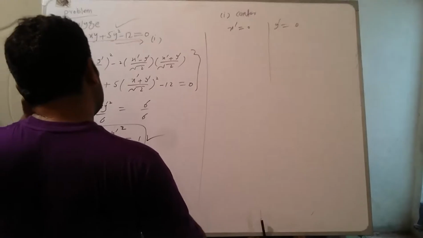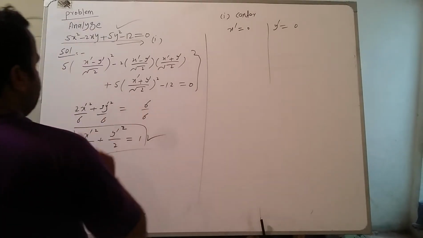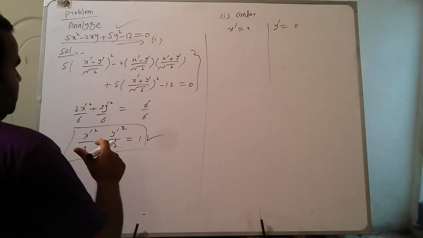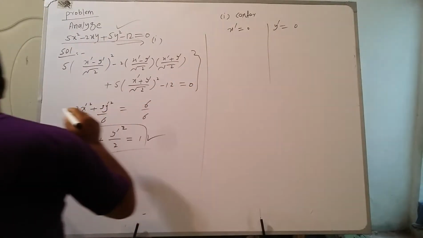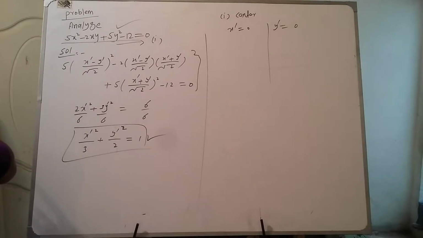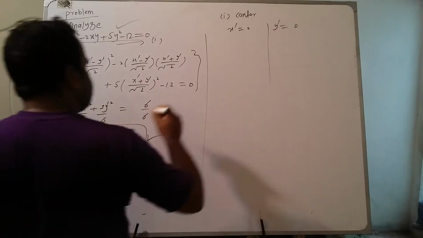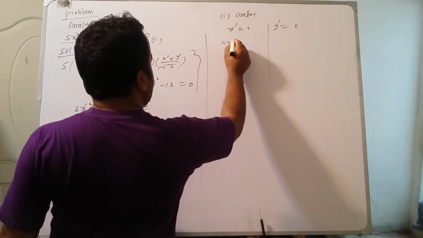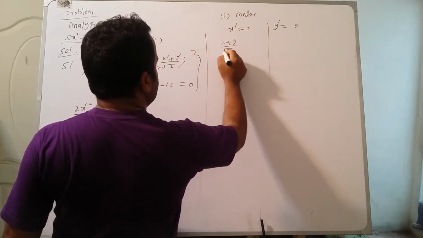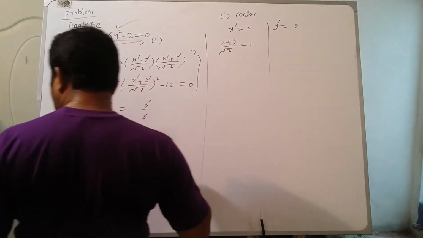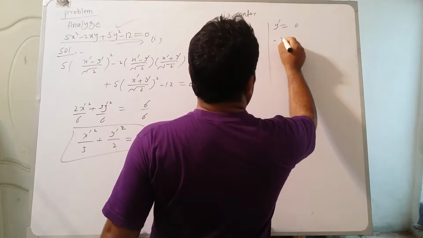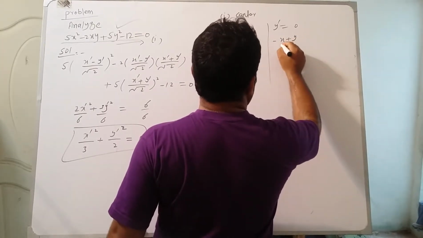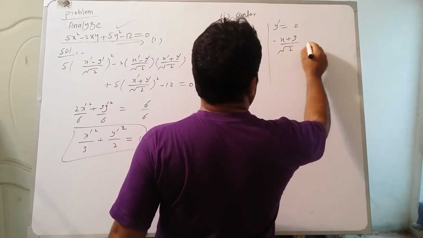We know that in case of rotation, x dash is equal to x plus y over root 2, which is equal to 0, and y dash is equal to minus x plus y over root 2, which is equal to 0.